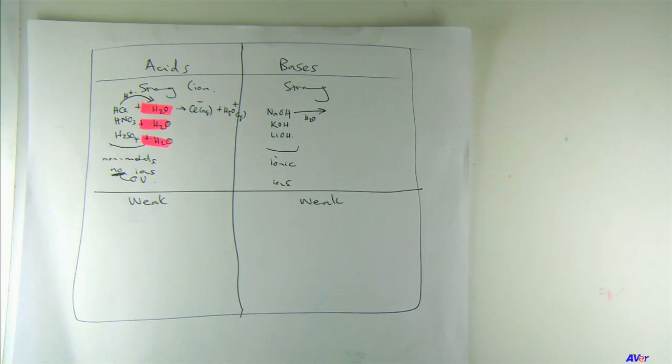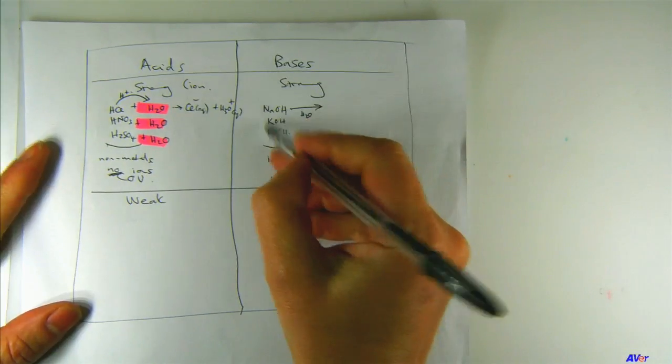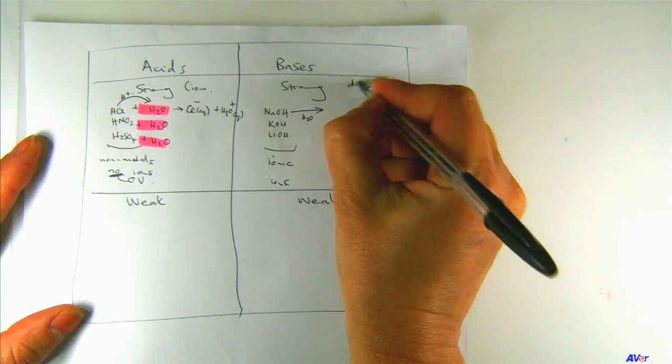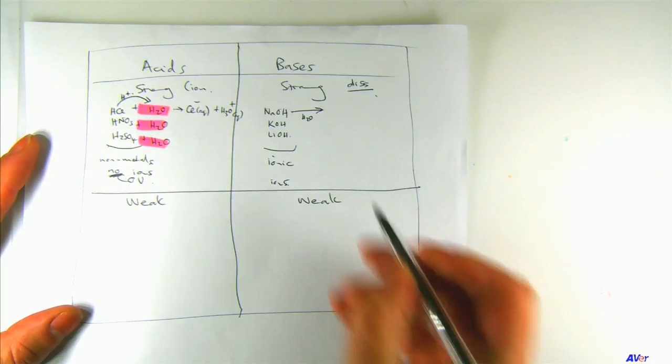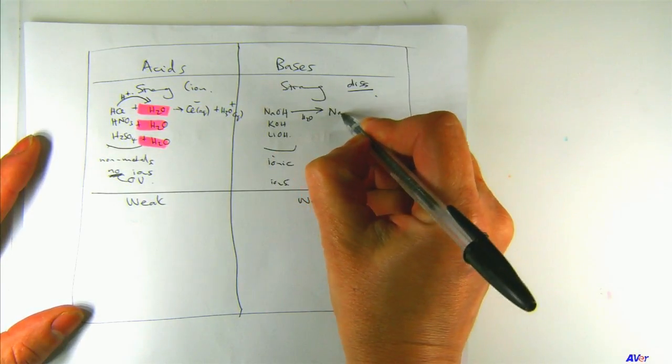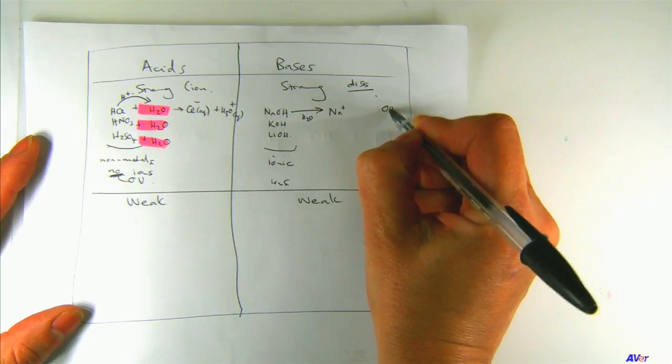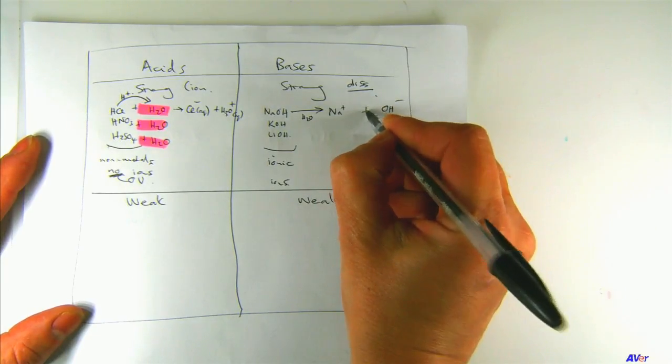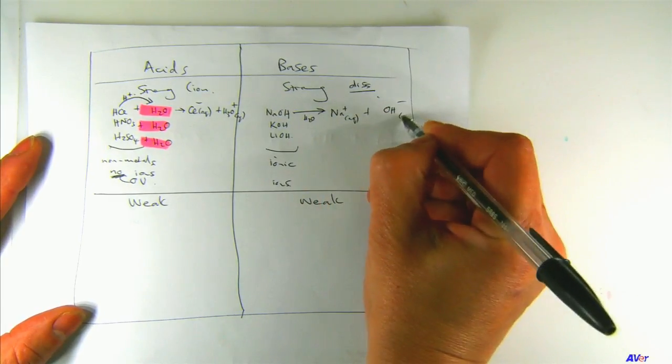What do we call it when we take things apart? Dissociate, right? Associate is when you put them together, like rain, weather, and pancake. If you take things apart, then it's dissociate. So what happens with bases is they dissociate. And how does it happen? The sodium goes to one side and the OH to the other side, and they are in solution.